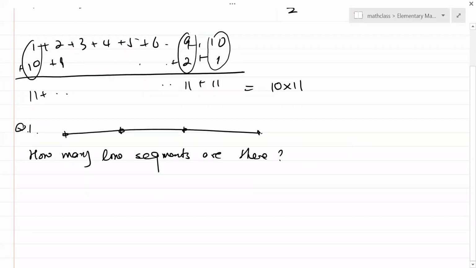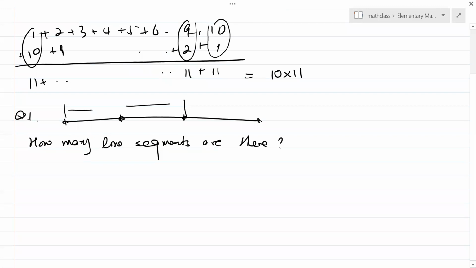A line segment can be this, and this is also a line segment. A line segment has 2 end points, which will be those 2 dots. So it could be 1, 2, 3. The first number is 3.